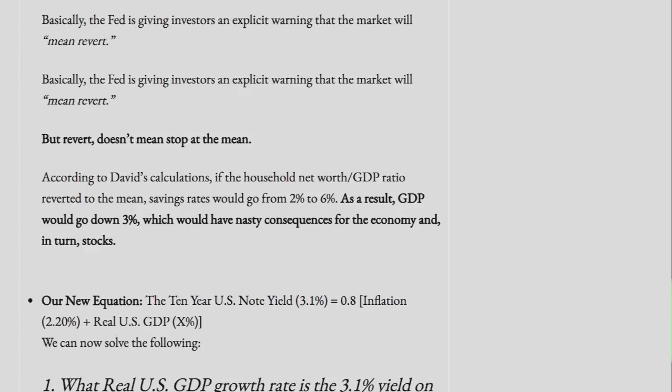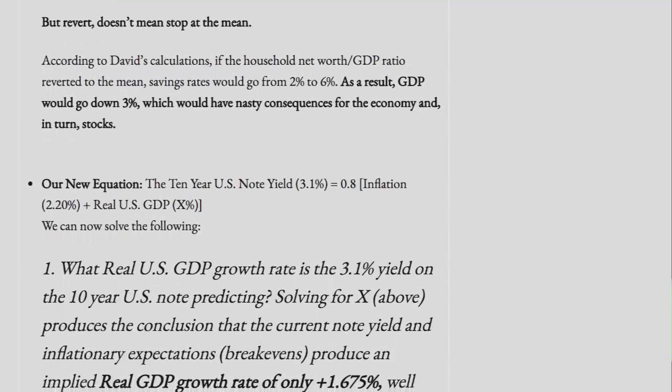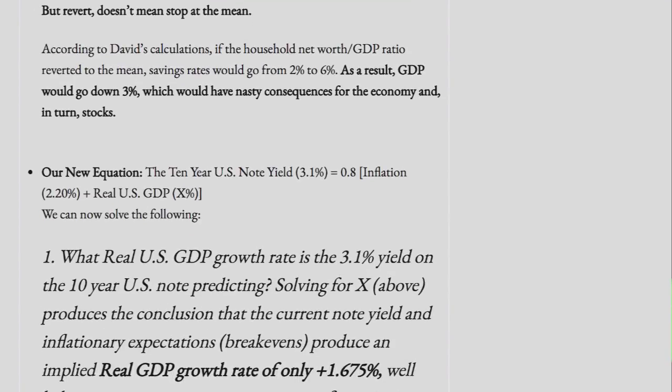But revert doesn't mean stop at the mean. According to David's calculations, if the household net worth to GDP ratio reverted to the mean, savings rates would go from 2% to 6%. As a result, GDP would go down 3%, which would have nasty consequences for the economy and, in turn, stocks.